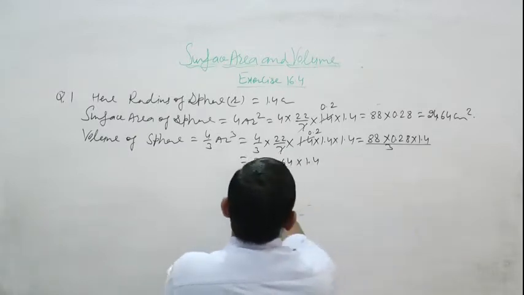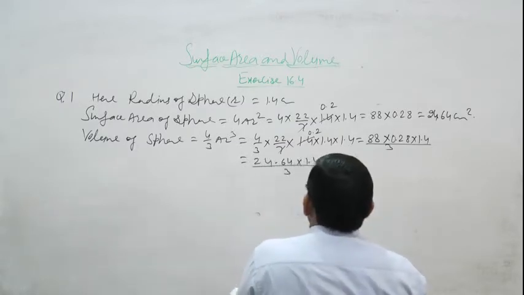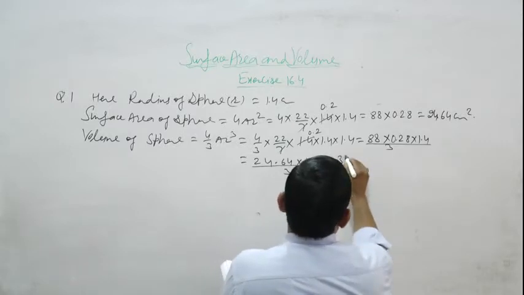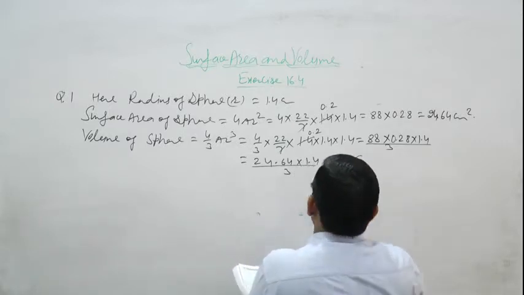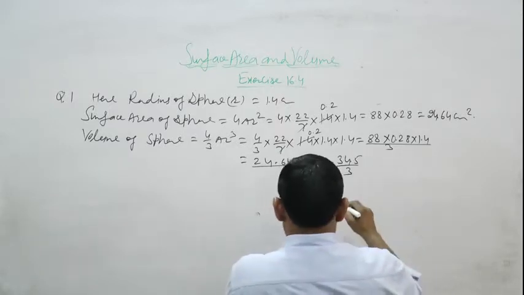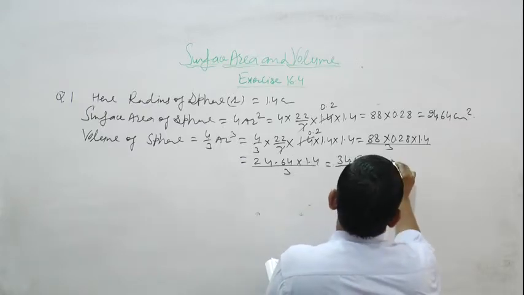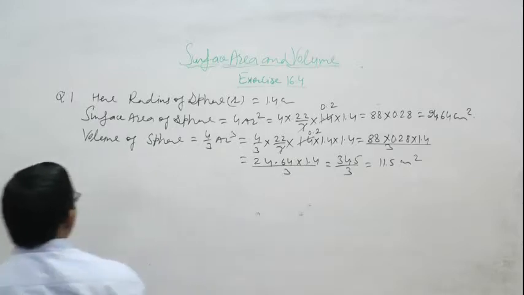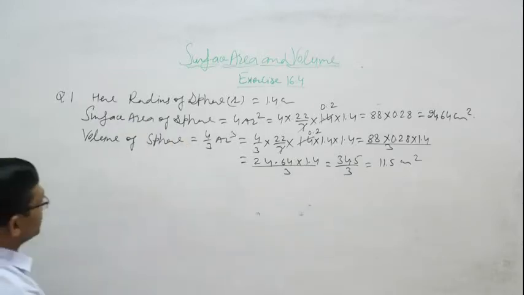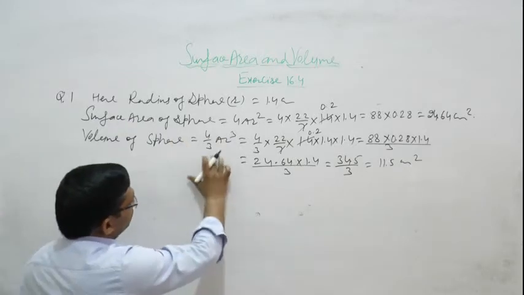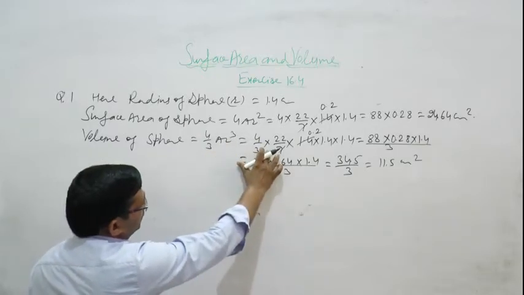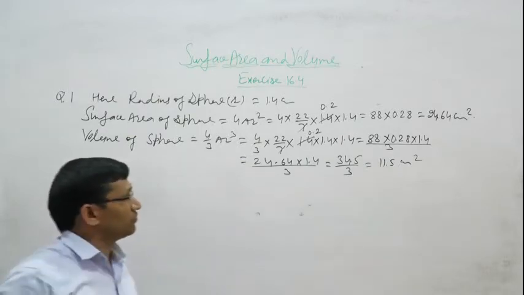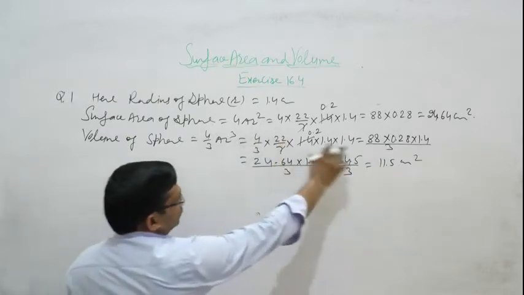Divided by 3. 24.64 multiplied by 1.4, we get 34.5. 34.5 divided by 3, we get 11.5 centimeter cube. So this is the volume of the sphere. Volume of a sphere is 4 upon 3 pi r cube, 4 upon 3 into 22 upon 7 into 1.4 into 1.4 into 1.4. 22 into 4 is 88.